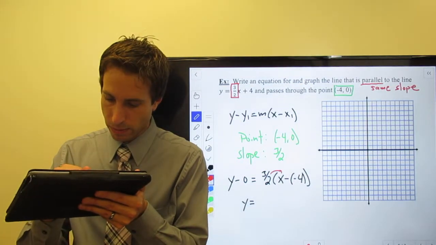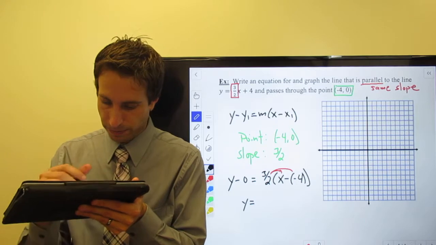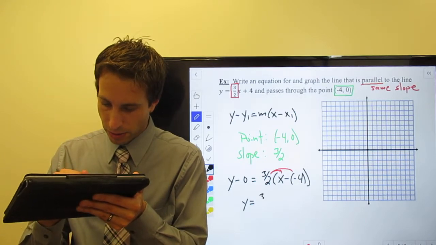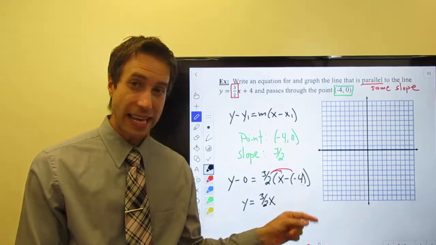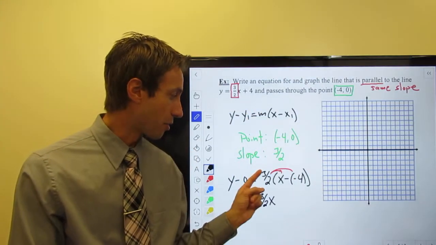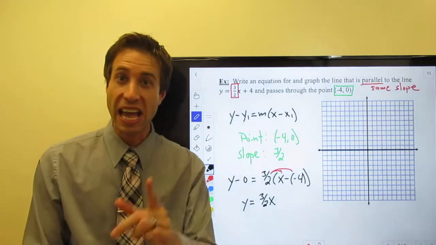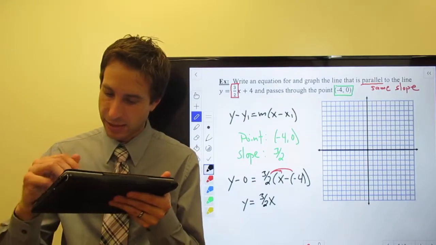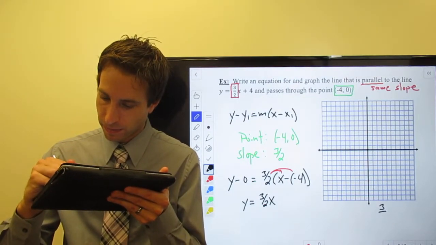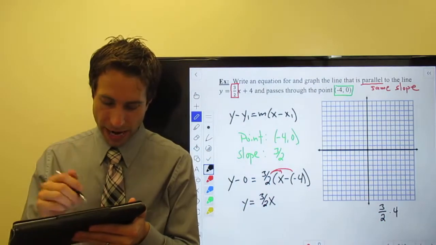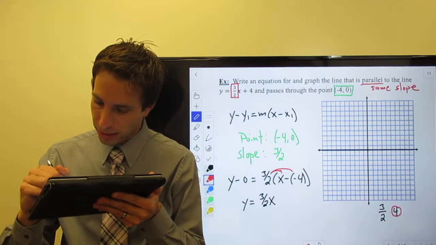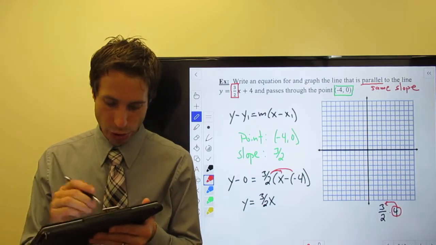Distribute the 3/2. Now, negative of a negative means it's a positive 4. 3/2 times 4. Anytime you have a constant multiplied by a fraction, you will multiply the constant into the numerator.